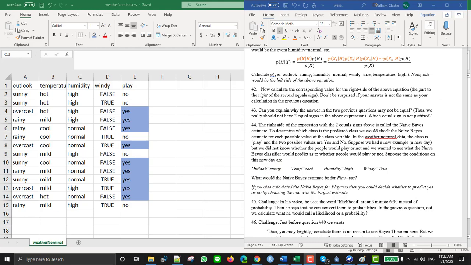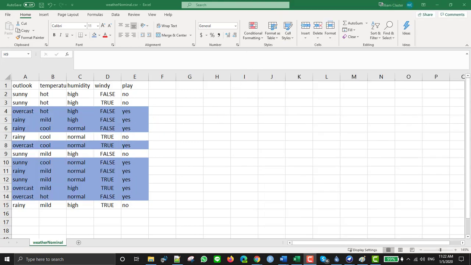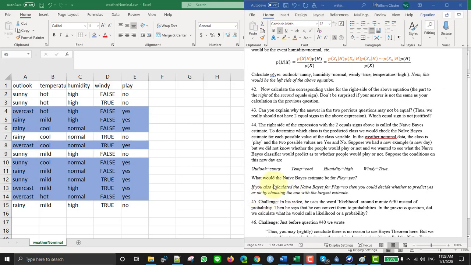So we're given that play is yes, so we only have to work with these rows. Now we're going to start with outlook equals sunny. Given that the class is yes, what is the probability that outlook is sunny?